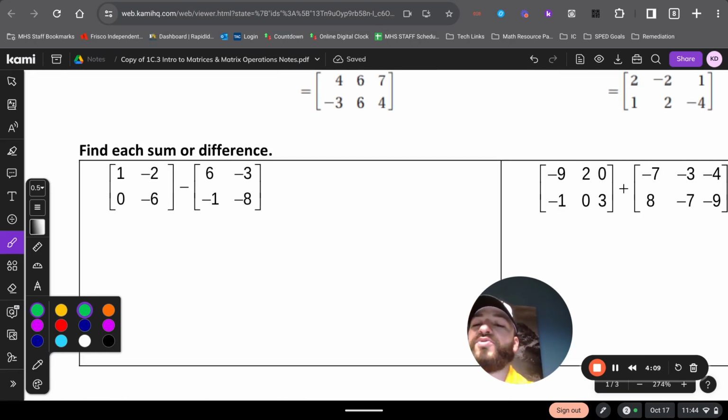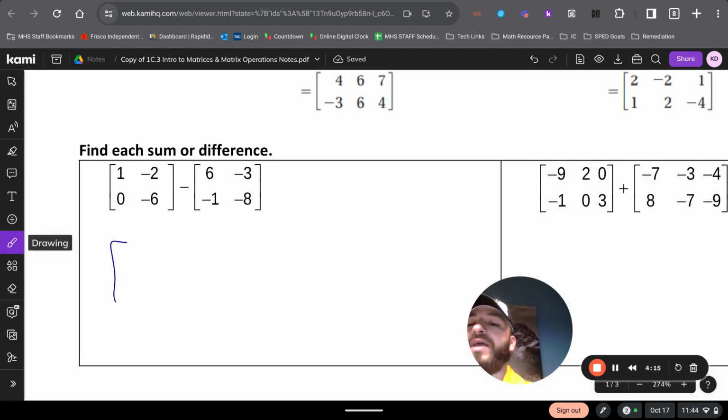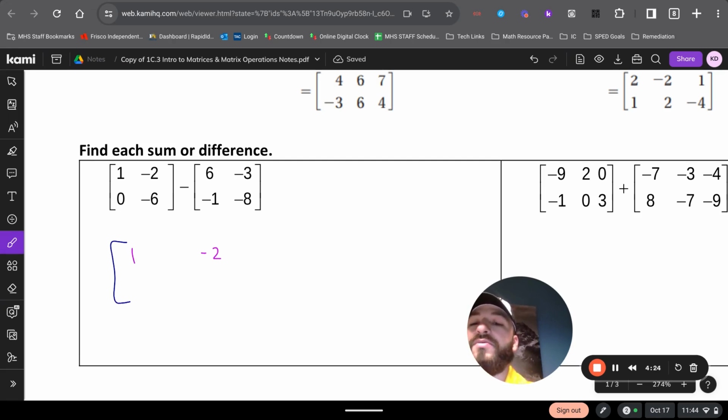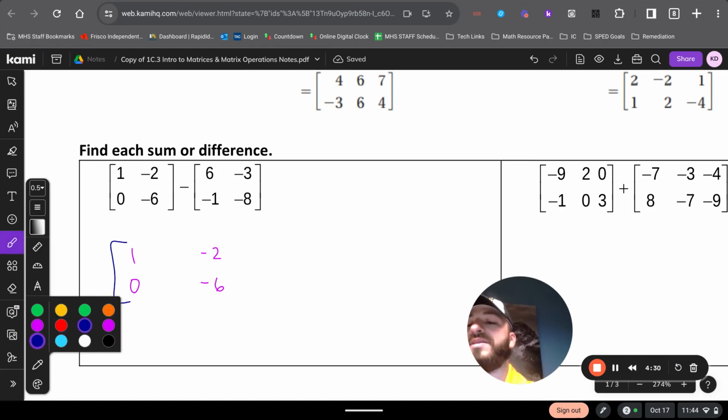So if I'm going to be subtracting these 2 matrices, then I'm going to take each element and write the first element in my matrix A first. So I'm going to write 1, -2, 0, and -6. And I'm going to be subtracting everything in that second matrix.